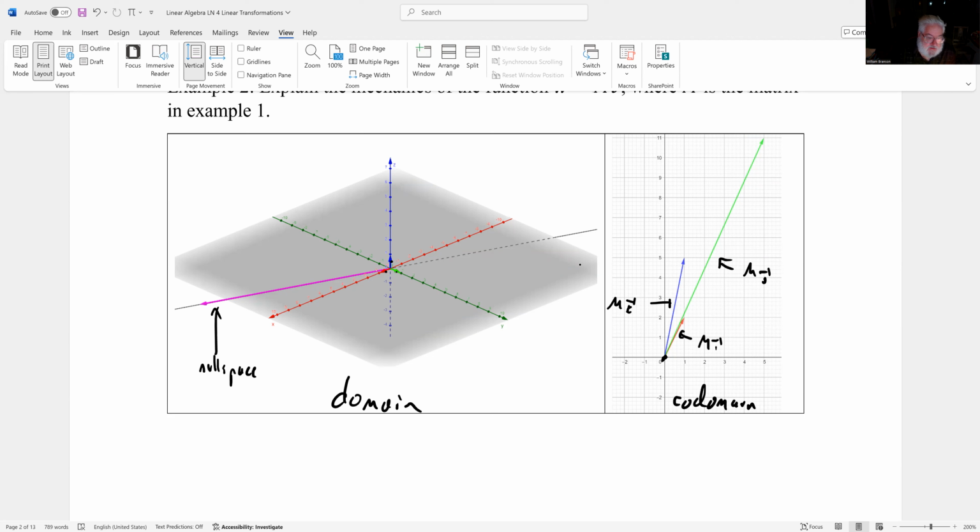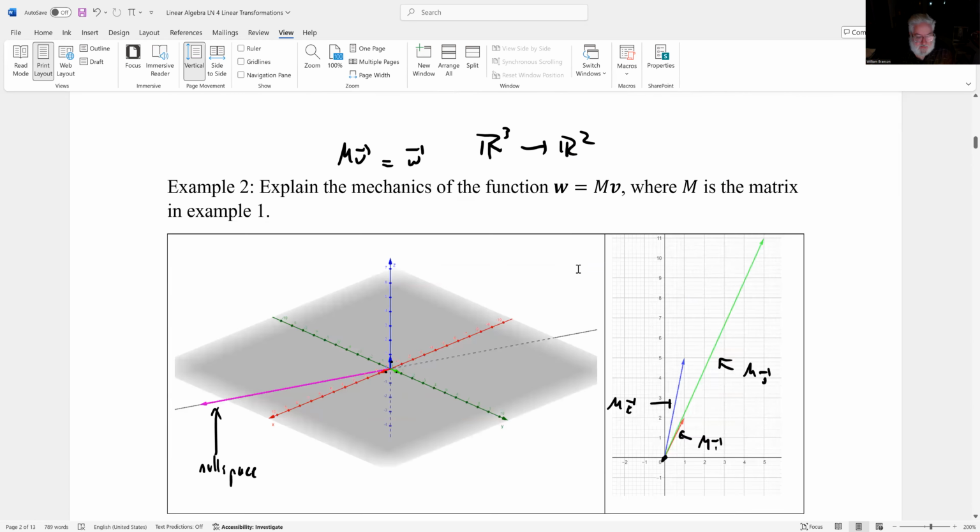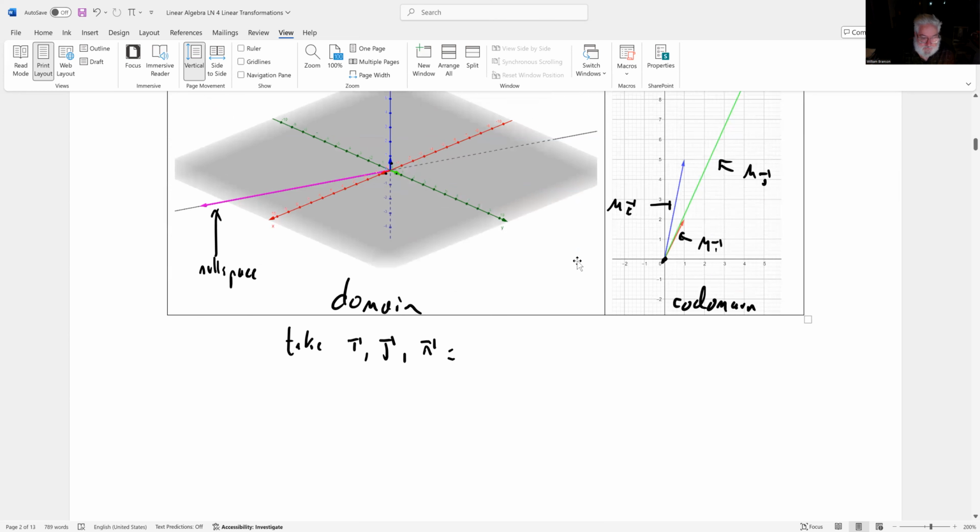So one way to think about this function is if I got rid of z, and took i, j, and n equal to (14, -3, 1), as a basis for R3.